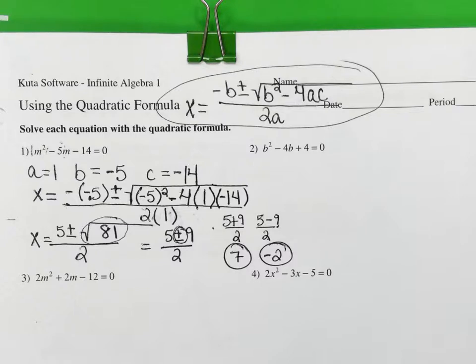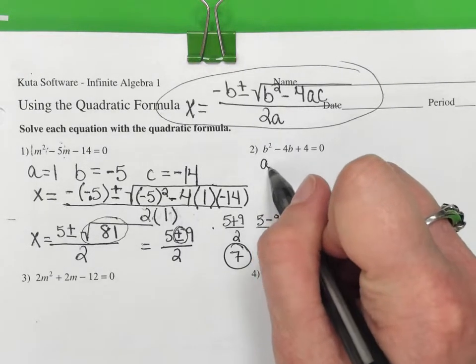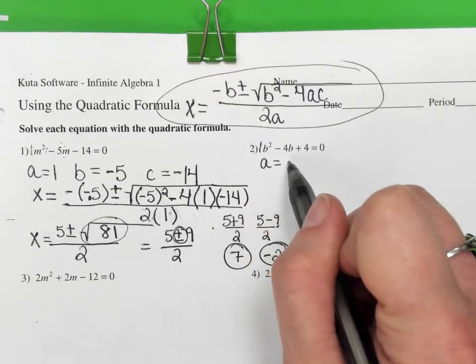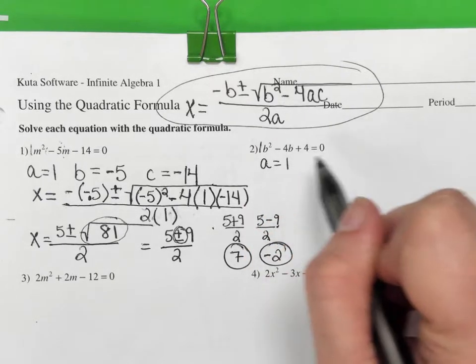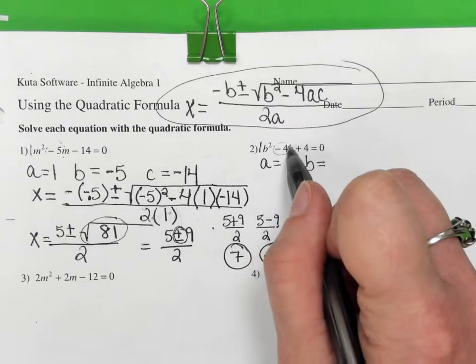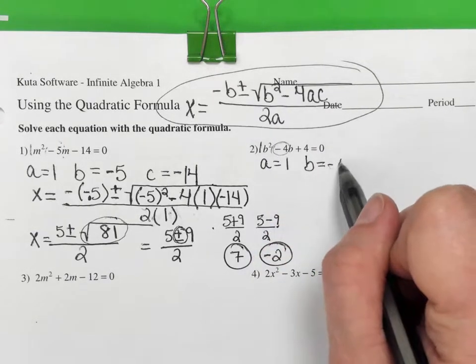Okay, let's do number 2. You ready? Okay, I got to find 3 letters. What are those 3 letters? A, B, C. A is the first number. What's the first number right here? 1. What's the second number? Negative 4.